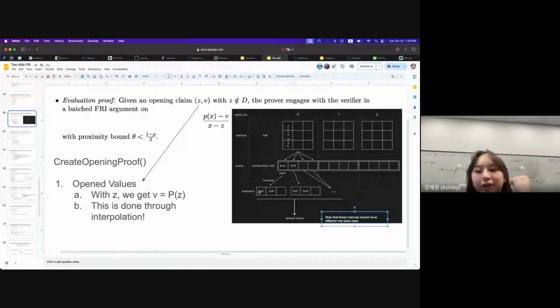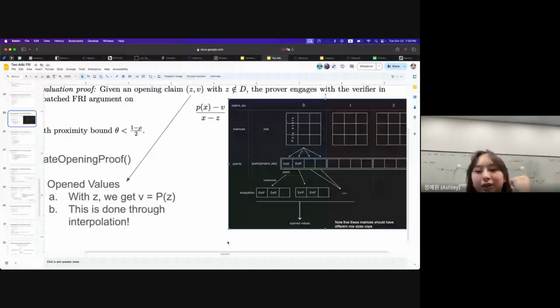So this will be f of 0 on this point, this will be f of 1 on this point, and this will be f of 2 on this point. That's actually a double vector because the opening point can be a vector. Oh, because there's a zeta and omega zeta. Okay. So these individual evaluations are vectors of vectors of extension fields. Yeah, that makes more sense.